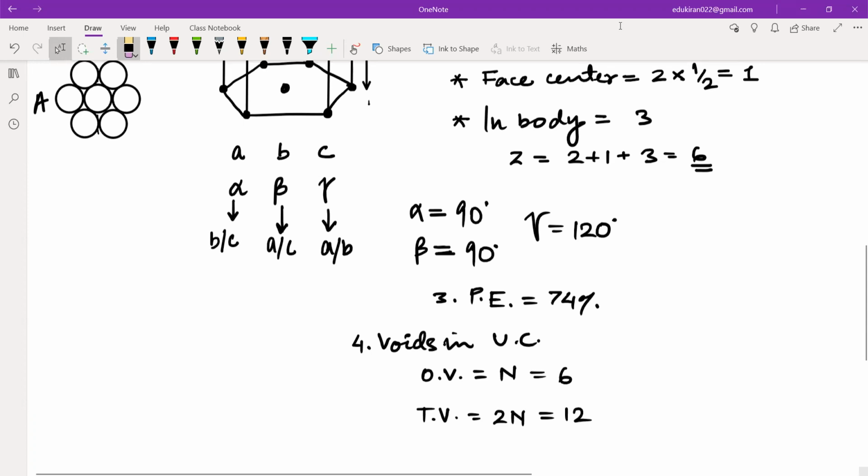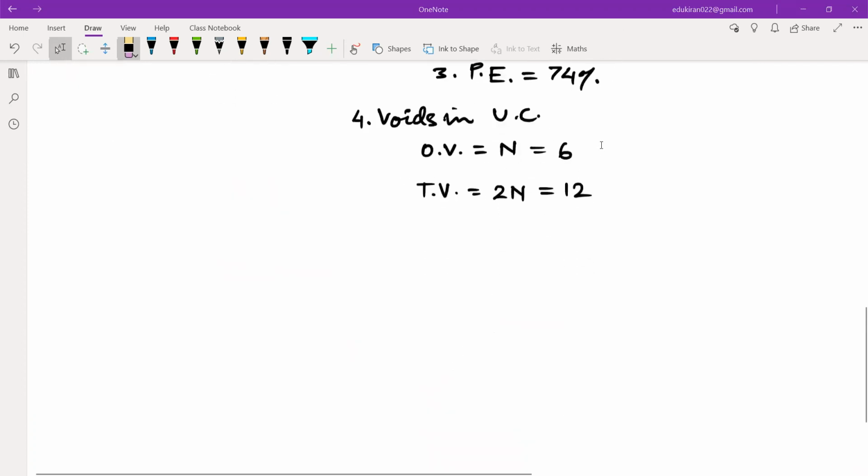Done, all of you? Packing efficiency and voids, just 2 things.